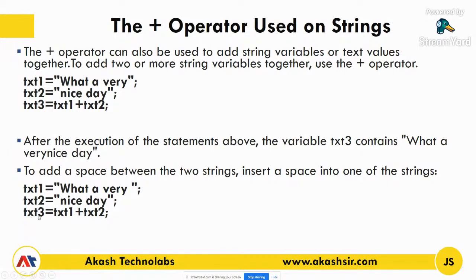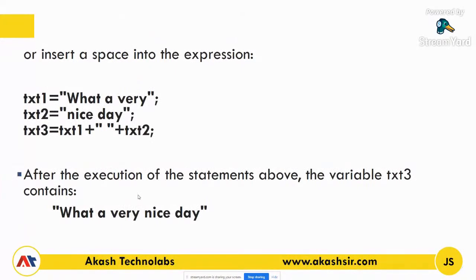So inside text 3, you can combine two strings together, that is txt1 plus txt2. So if you print txt3, it will display "what a very nice day". Okay. So let's say this will be the output, but if you want to add some spaces over here, you can specify double quotes and add some spaces.